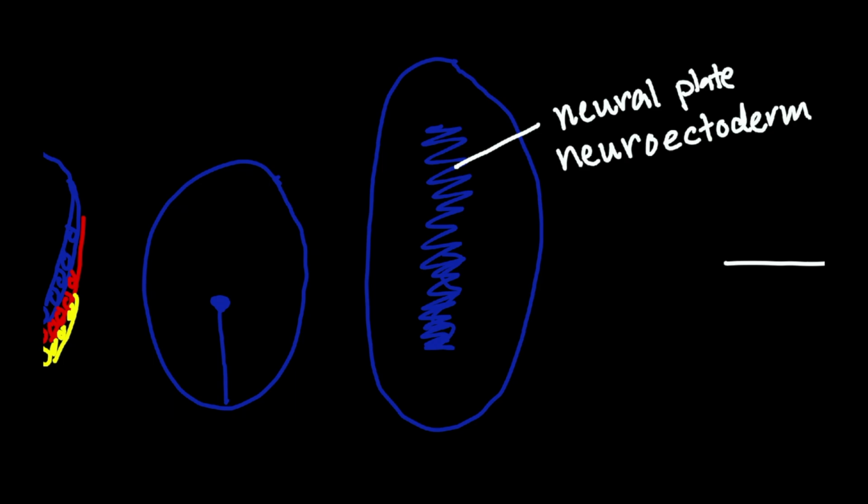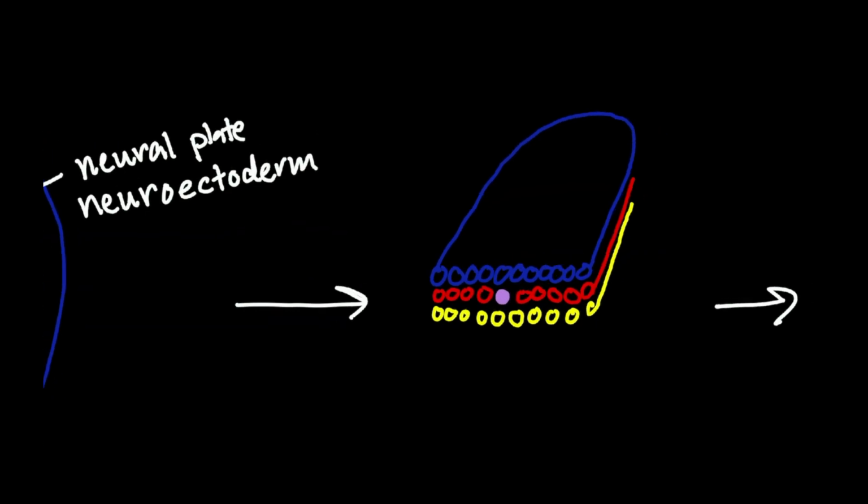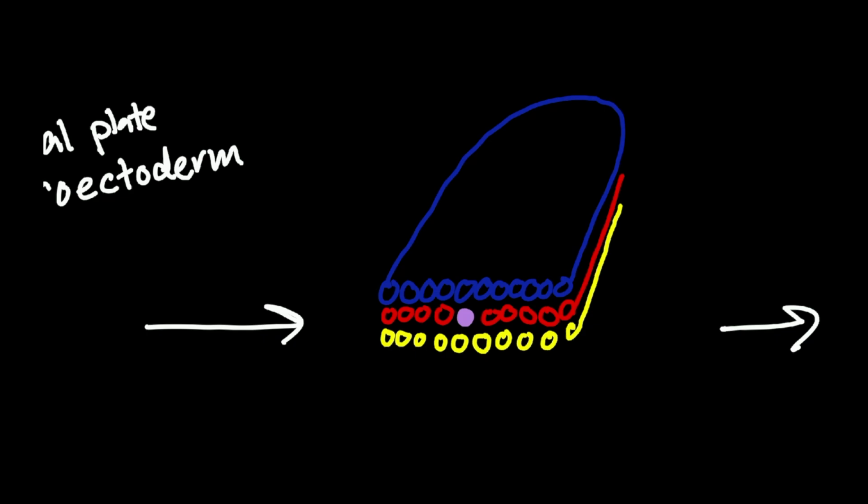So how do we go from a flat plate to a neural tube? Well, first of all, looking at our side view again of our trilaminar disc, the neural plate will form a groove. There will be some crests that will form, and with those crests will form a groove, and that'll occur along the length of the embryo.